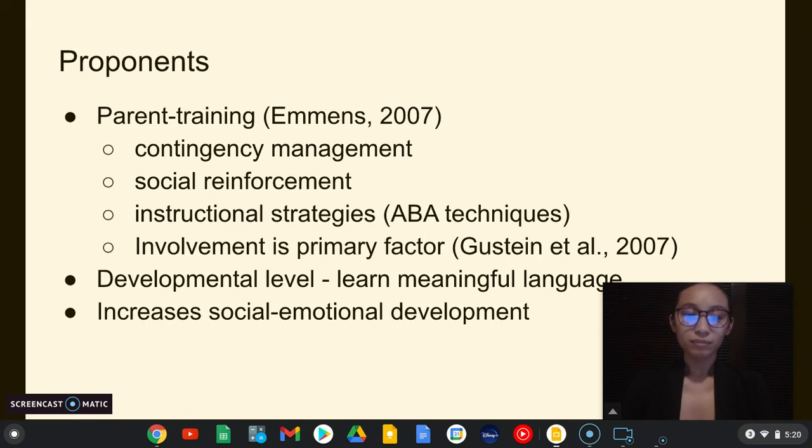So with working on the social and emotional skills, it could help them reach that level and in turn learn meaningful language. The last proponent is that it, again, increases social and emotional development.